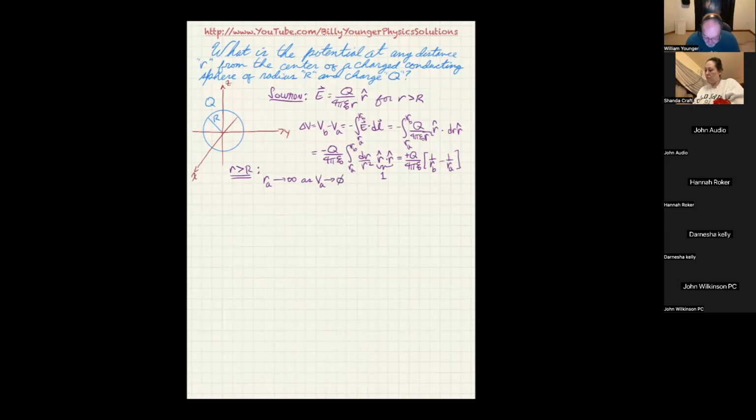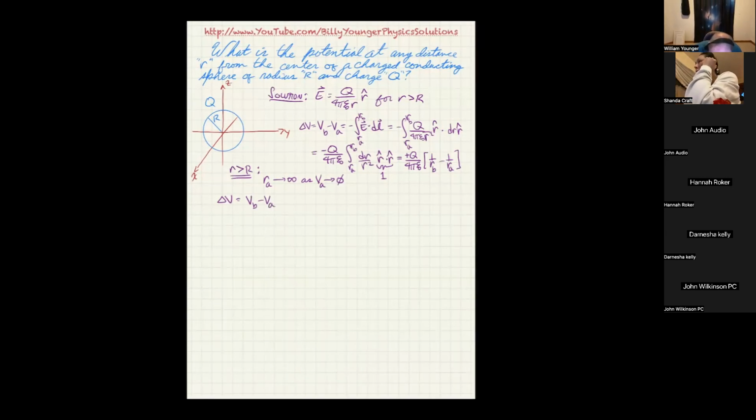And I'll put that slash on there so nobody mistakes it for something other than a zero. So we can actually do that. We can set the voltage at infinitely far away to be zero, and then what's left is the voltage at B. So if I want to know what the voltage at any other spot is, I can say delta V is equal to VB minus VA.